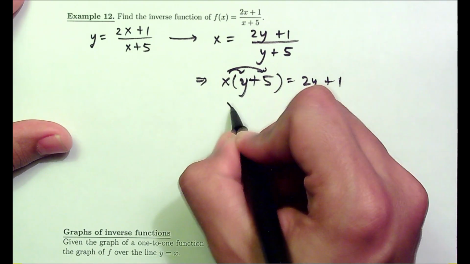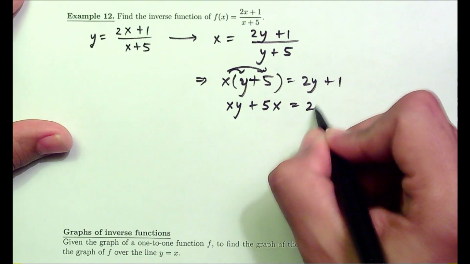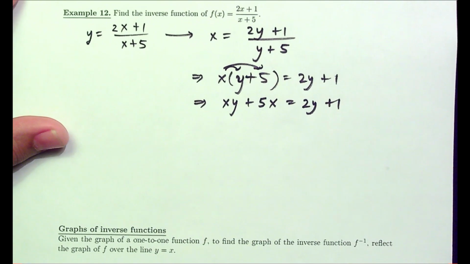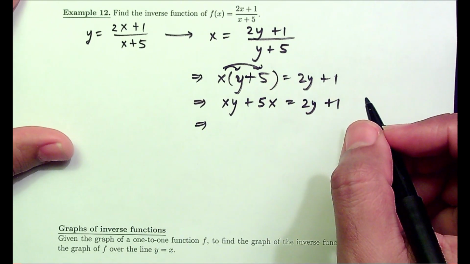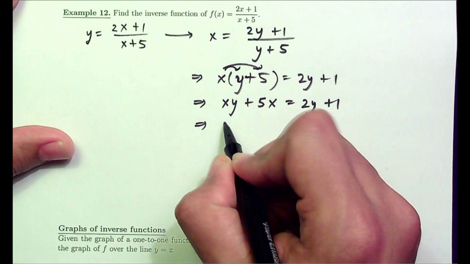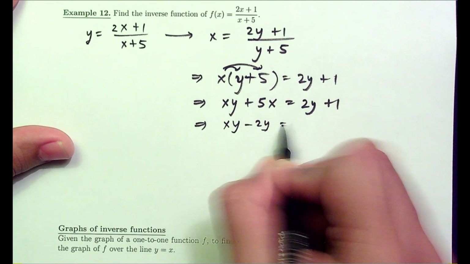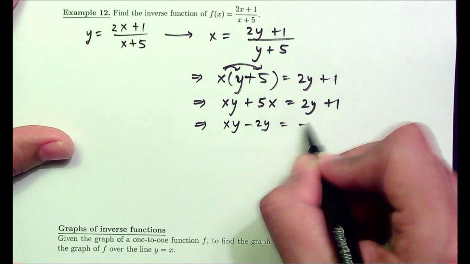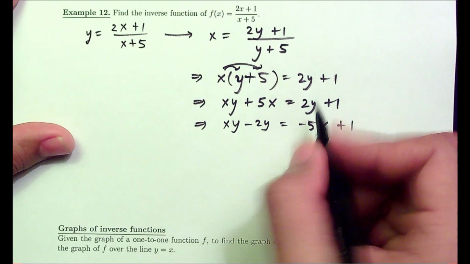So this is going to be xy plus 5x equals 2y plus 1. And now I need all the y's together on the same spot. So this is xy minus 2y. So move this here and then move that over there: negative 5x plus 1, or just 1 minus 5x. Same thing.